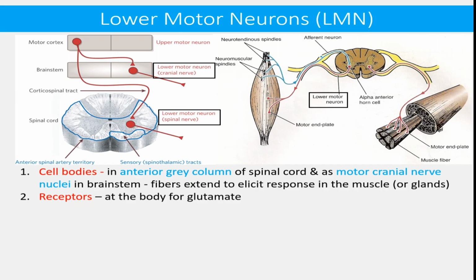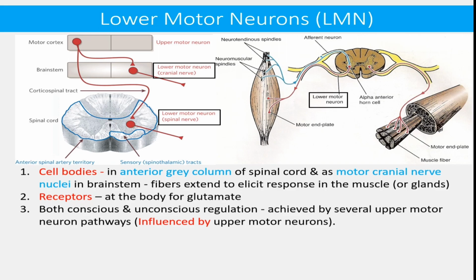They have glutamate receptors on their bodies. Both conscious and unconscious regulation of these cells is achieved by several upper motor neuron pathways, that is, they are influenced by upper motor neurons.